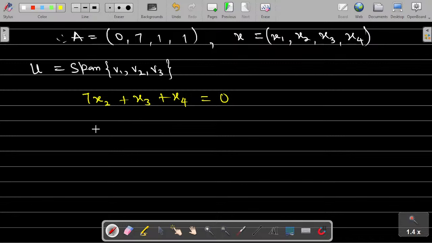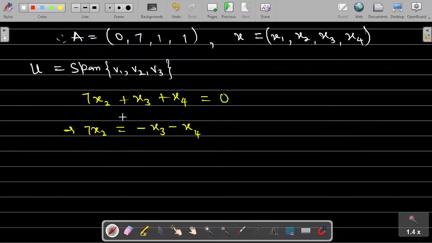So this is going to give us that our 7x2 is equal to minus x3 minus x4. Since x3, x4, x1 are going to be the free variables, but x1 is a 0, so it's only x3 and x4 that we will fix here.